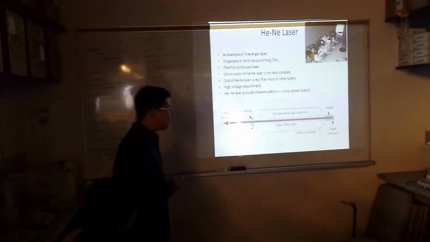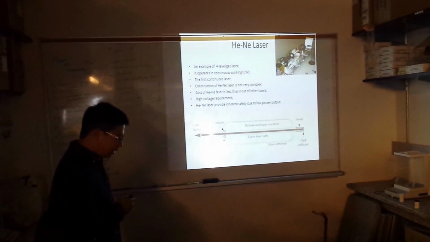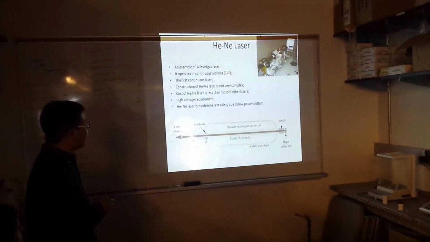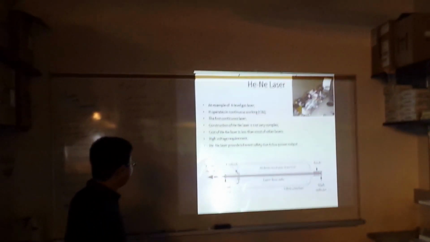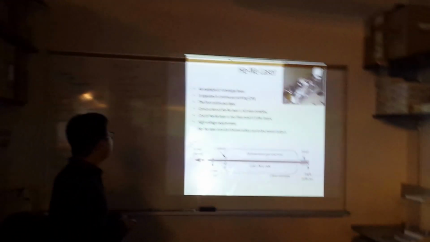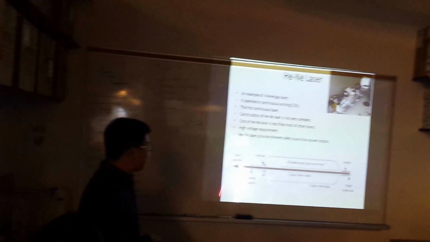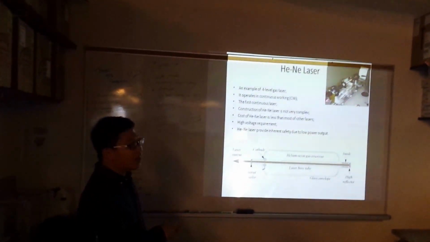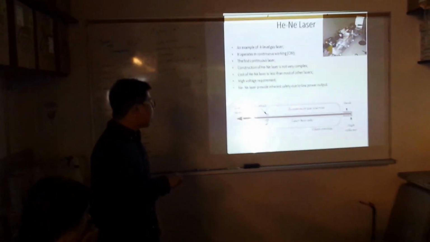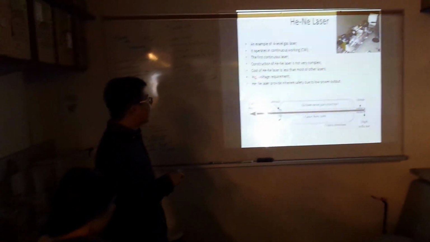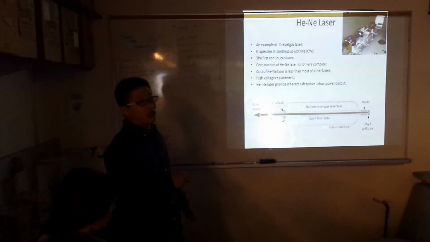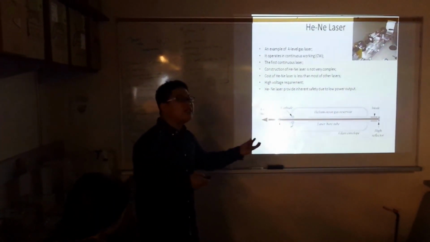So first one, the helium and neon laser. The helium neon laser is an example of a 4-level laser, and it's a very simple structure, and it's the first continuous laser. But because of this helium and neon noble gas, in order to have it excited, we have to have a high voltage input. It's just like a neon light.